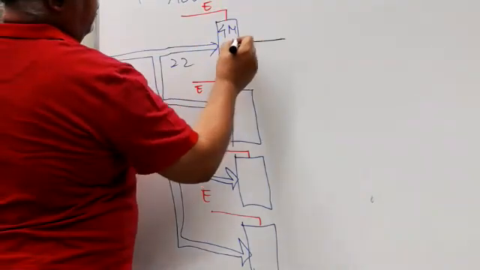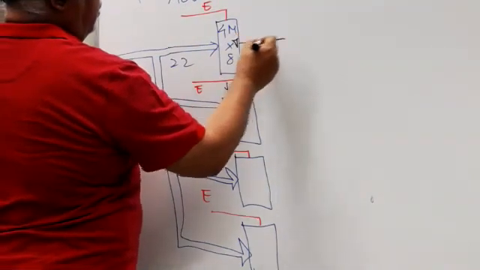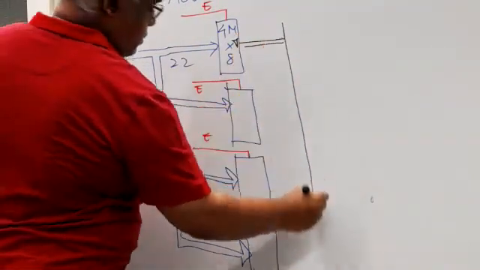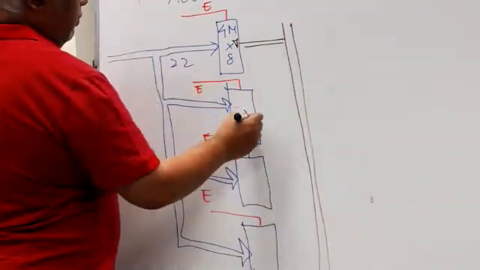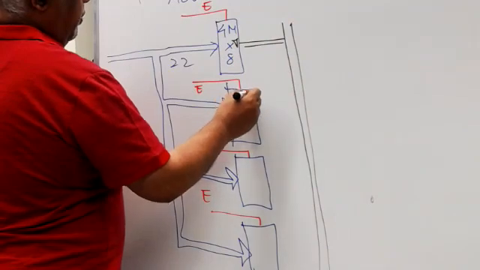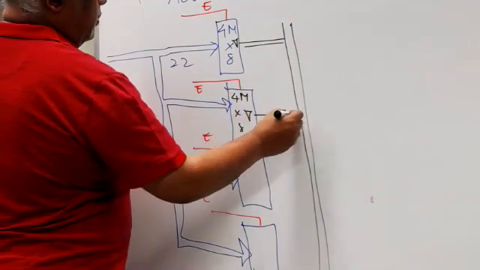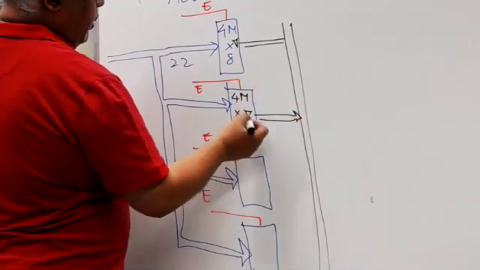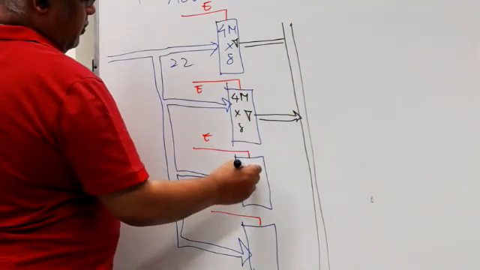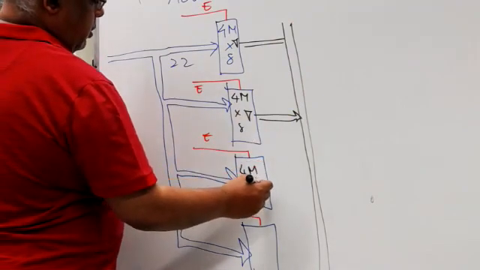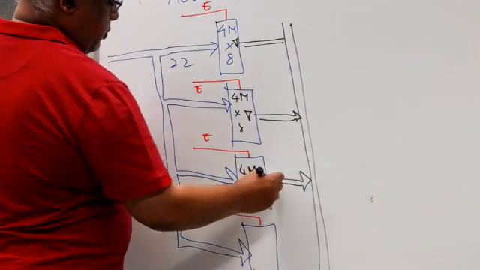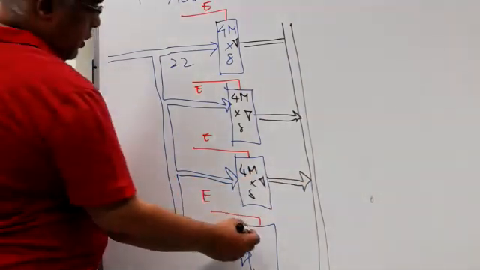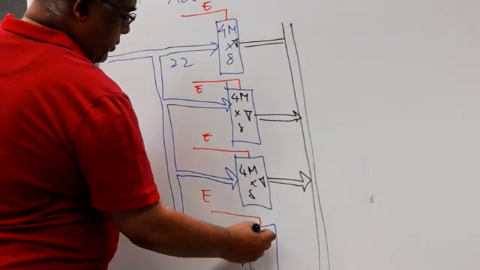So 8 lines over here, tri-stated data bus. This will have its own 4 mega by 8 data bus, tri-stated. This will have its own data bus, tri-stated. And this will have its own data bus, tri-stated.